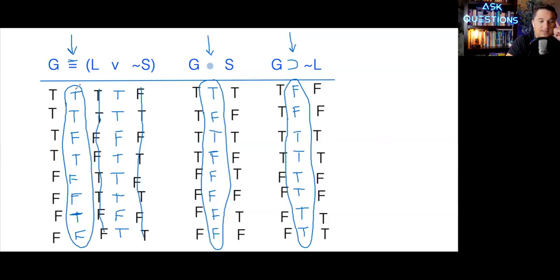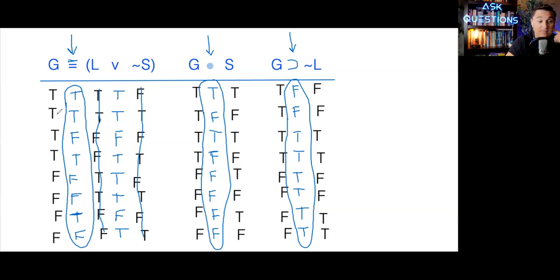So are any of these 3 statements tautologies? No. To have tautologies, we would need all T's. We do not have that. Are any of them self-contradictions? No, we would need all F's in these columns. I'm kind of reviewing stuff from before. Are any pair of these, are they logically equivalent?